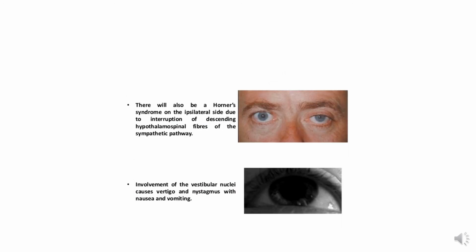So the patient presents with dysphonia and dysphagia. Loss of the uncrossed spinal tract of the trigeminal nerve and of the crossed spinal lemniscus results in loss of pain and temperature sensation on the same side of the face and the opposite side of the body. There will be a Horner syndrome on the ipsilateral side due to interruption of the descending hypothalamospinal fibers of the sympathetic pathways. So sympathetic fibers are affected, which results in Horner syndrome. Involvement of the vestibular nuclei causes vertigo and nystagmus with nausea and vomiting.